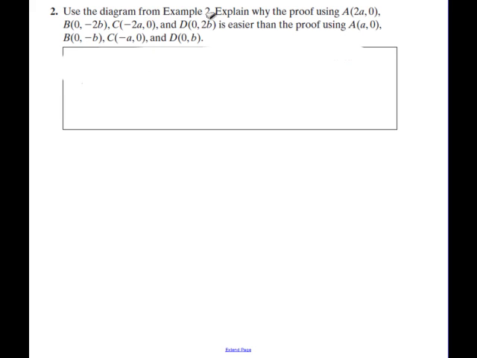And then it says use the diagram and explain why the proof using those points is easier than using these points. So maybe just do the first couple of steps using these coordinates as A, B, C, and D, and take a look at how that might be a little more difficult. Alright, good luck.